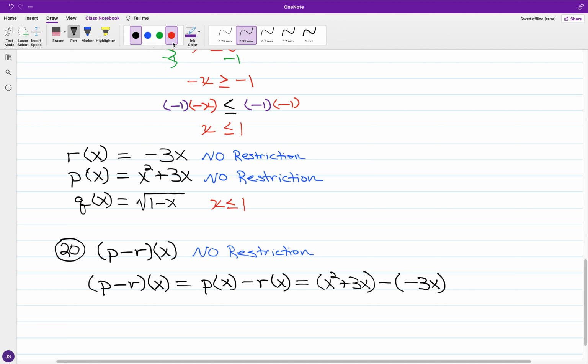And so we have subtraction of a negative. I can translate this to plus 3x, and once I remove the parentheses, I have x squared plus 3x followed by another 3x, so this will come out to x squared plus 6x.